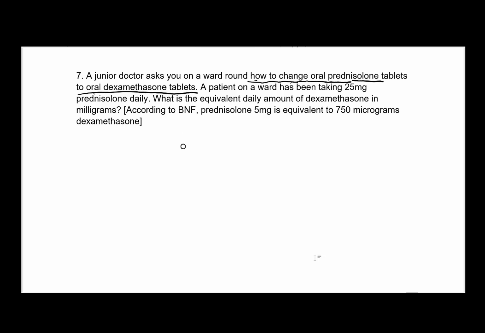So here we're converting between two steroids, from prednisolone to dexa. And what's the conversion between the two steroids? According to the BNF, prednisolone 5 milligram is equal to 750 mcg of dexa.